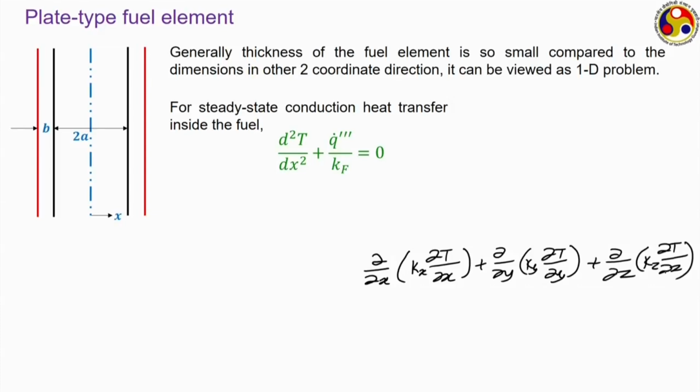These are the three diffusion terms in x, y and z direction respectively, plus the volumetric rate of heat generation is equal to the transient term.